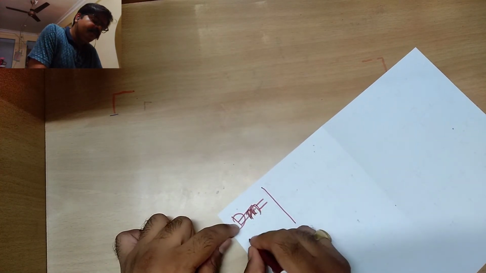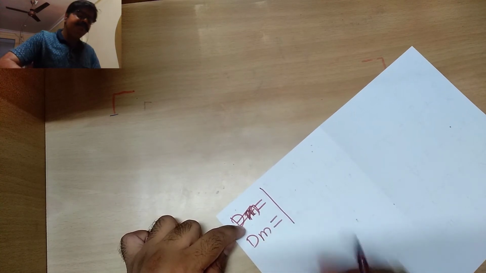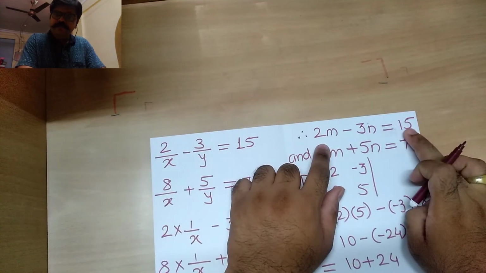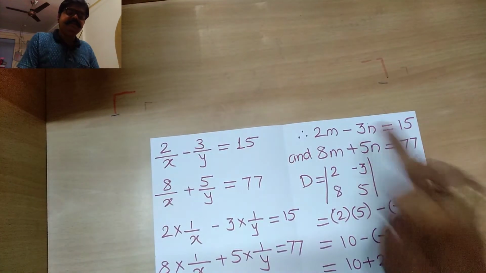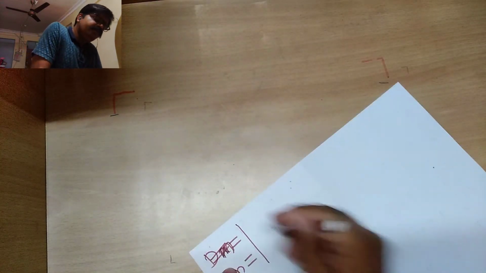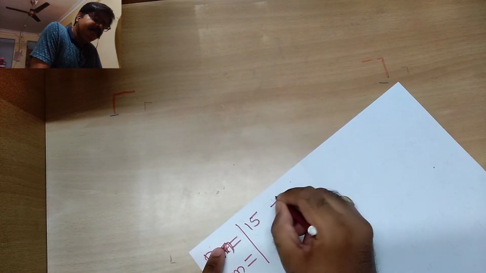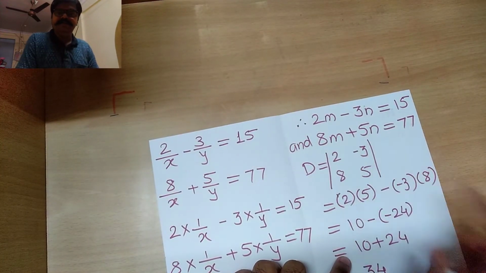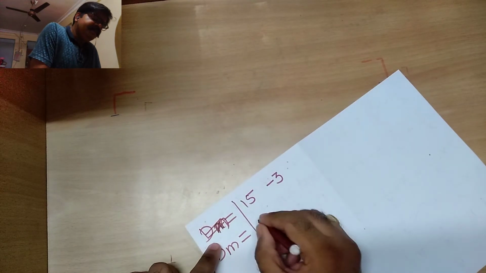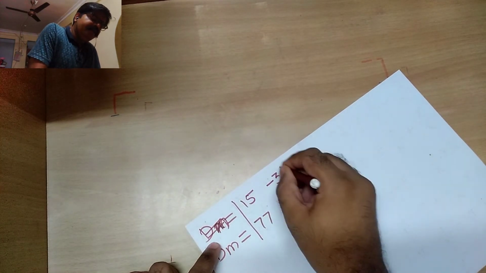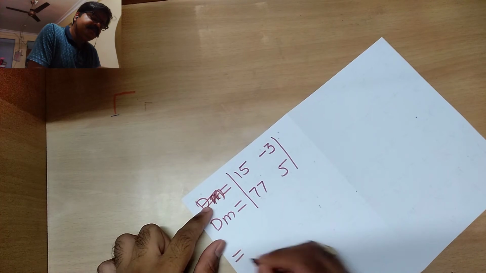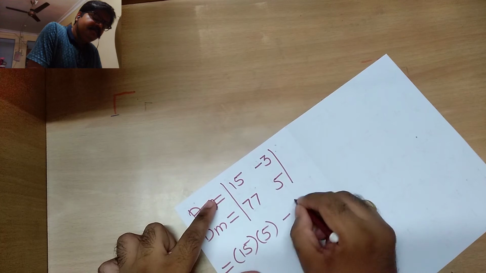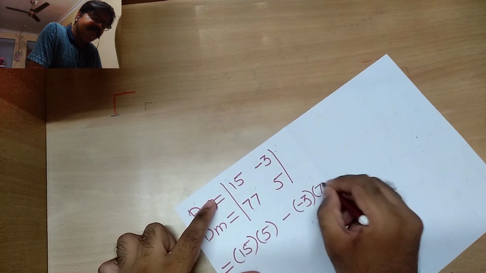Please, I am rewriting over here. dm is equal to, instead of 2 I will be writing 15. So first row will be 15, minus 3, and second row will be 77, 5. We are going to do the multiplication as well. 15 multiplied by 5 minus 3 multiplied by 77.